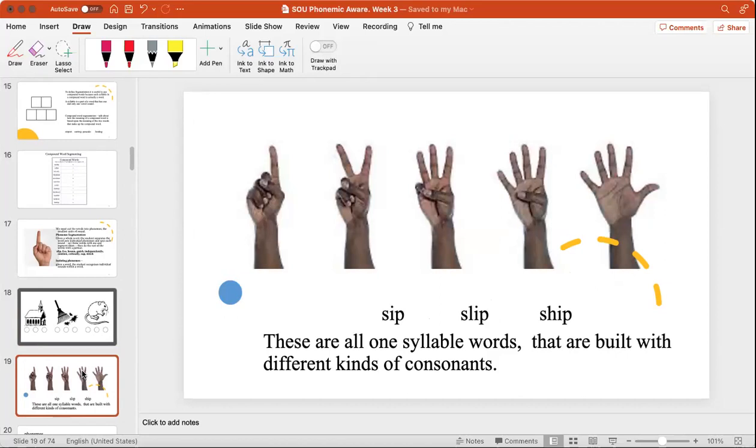So I would like someone to volunteer, because I can't see your faces, to tell me in the word ship, S-H-I-P, there's 4 letters, but how many sounds are there? I volunteer. Okay, please. There's 3 sounds. Exactly, because the SH is one sound and the I is one sound and P. How about someone else in the word sip?